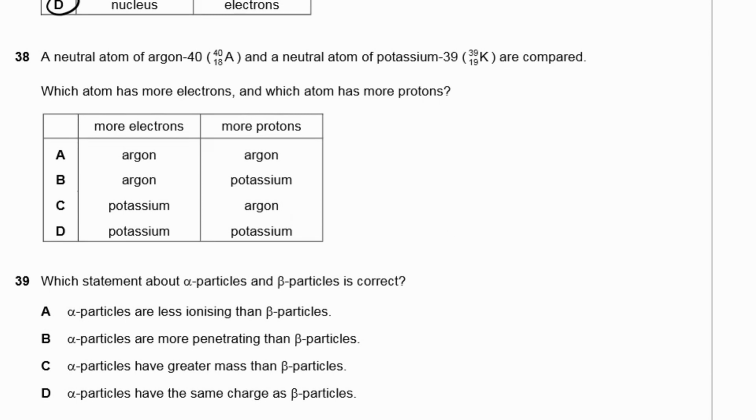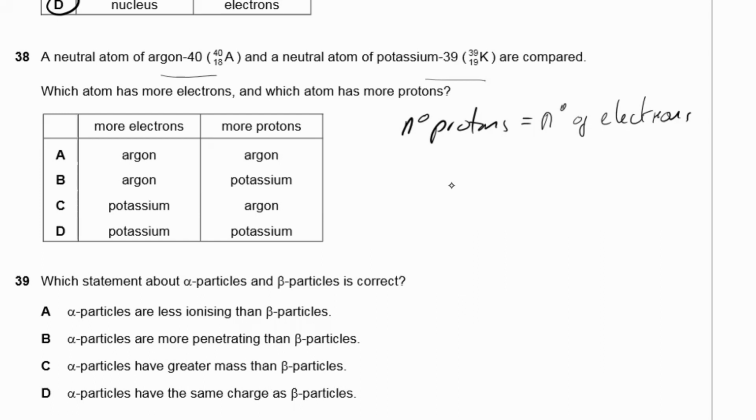38. A neutral atom of argon-40, there we go, and a neutral atom of potassium-39 are compared. Which atom has more electrons and which atom has more protons? Alright, so the neutral. So what we know is the number of protons is the same as the number of electrons. So the question is, which one of these has more protons?